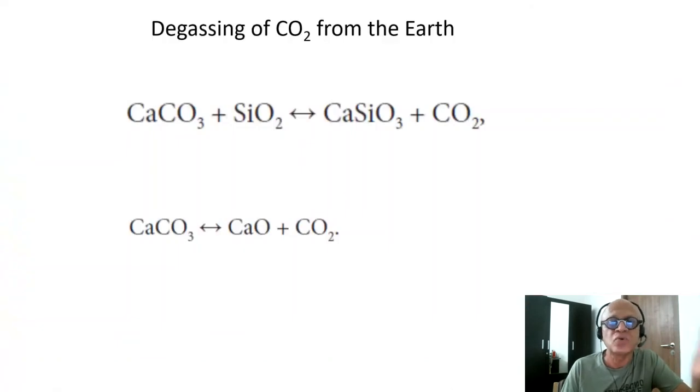Okay. So what is the other side of this weathering and drawdown of CO2? It's the degassing of CO2 from the earth, of course. So the calcium carbonate that is generated by weathering of the silicate rocks, going in this direction, is washing off into the ocean.